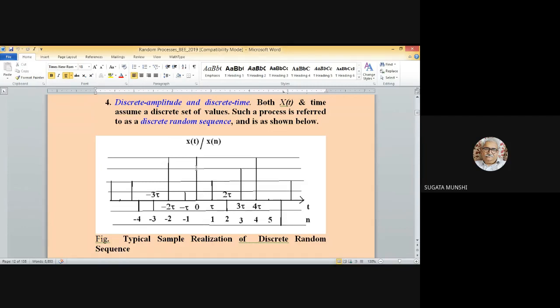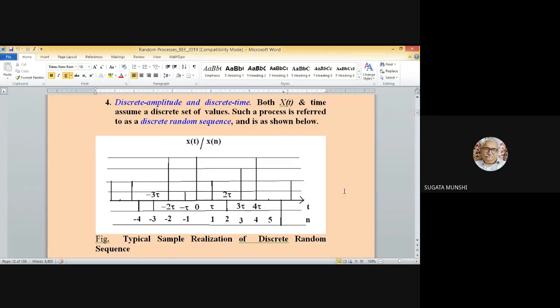In case of amplitude also, what I have shown by these horizontal lines are the only allowed values of the amplitude. There can be nothing in between these two. So either this one or that one. So that is the case of a discrete random sequence.